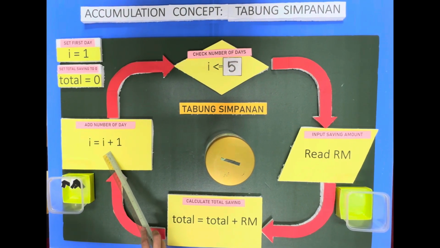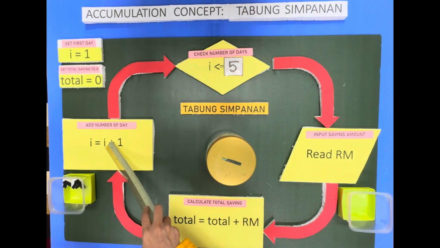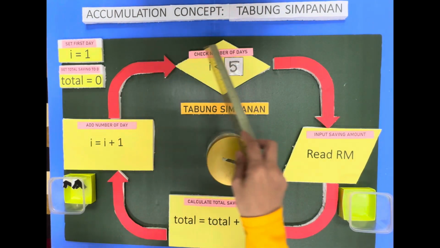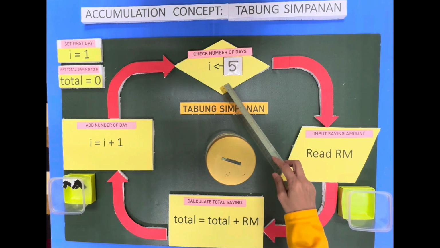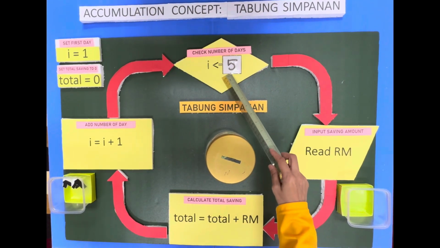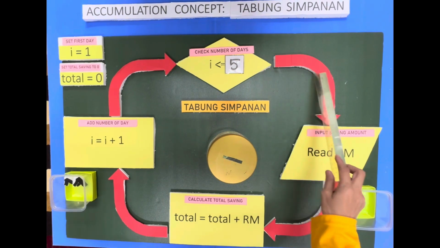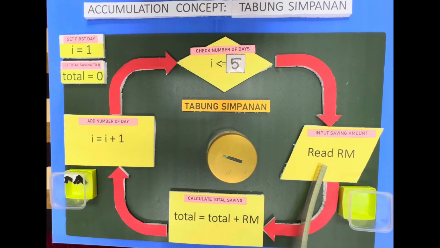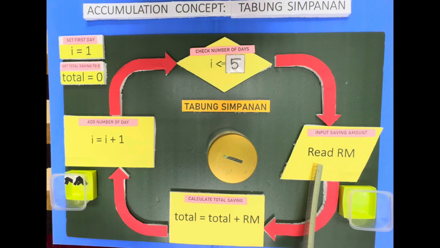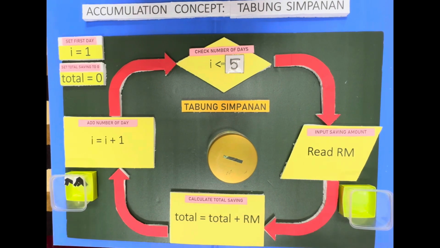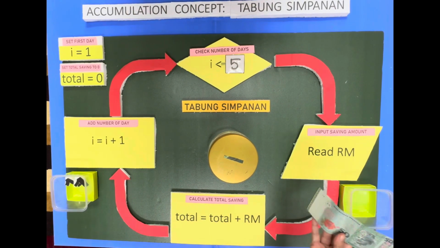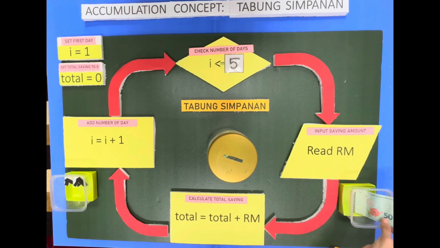This is our second day. Then we repeat again. Check I: 2 is still less than or equal to 5 and the result is still true. So we proceed to our next saving. For the next day it will be 50 ringgit.